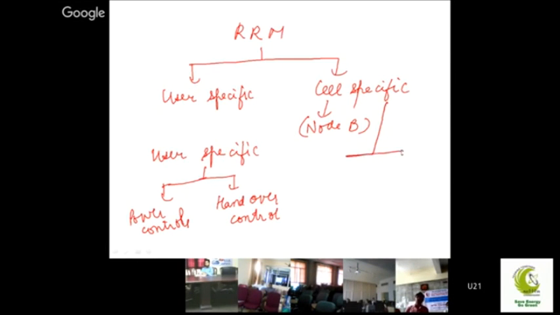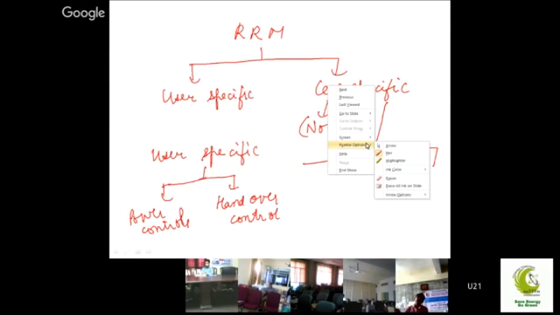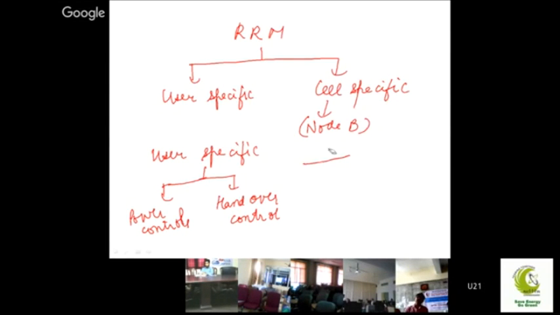And cell specific. Okay, let's first study the user specific, then we'll study the cell specific. So let us first study user specific.